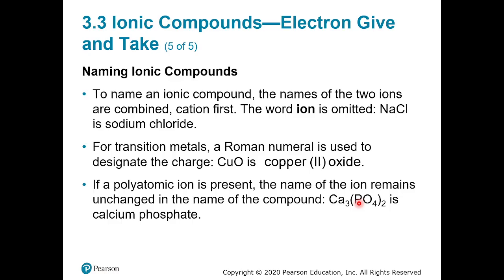So one of the common mistakes that happens, instead of this Ca3, see that Ca3, then we have parentheses PO4, 2? That means we have 2 full PO4, right? One of the things people get tempted to do is they go Ca3PO.